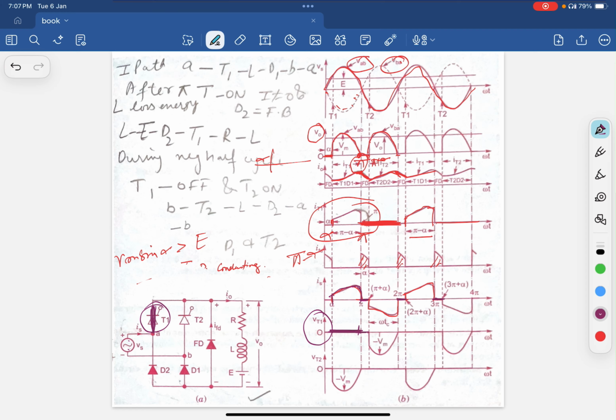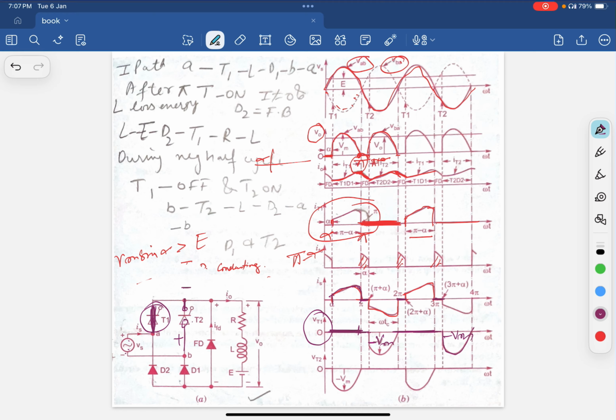Now what is the voltage across the thyristor T2? When the thyristor T1 was conducting, T2 acts like an open circuit. So Vs is the voltage across the thyristor T2, but it is negative voltage. That is why it is minus Vm.